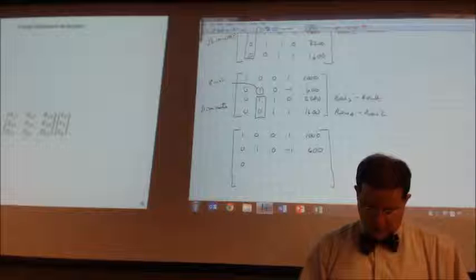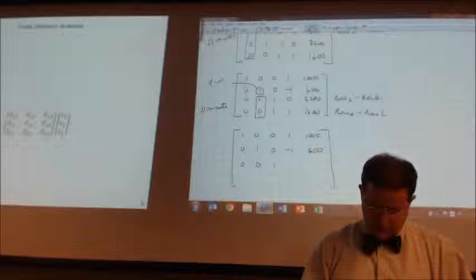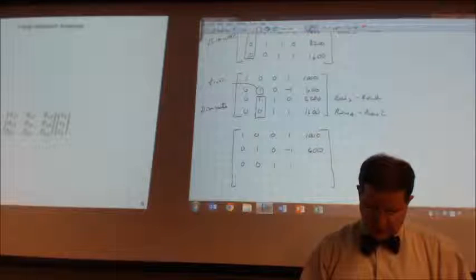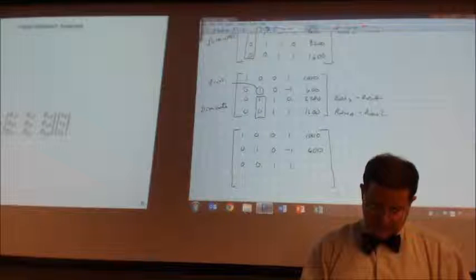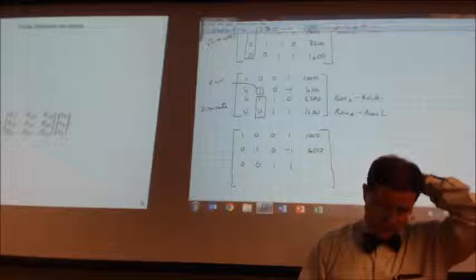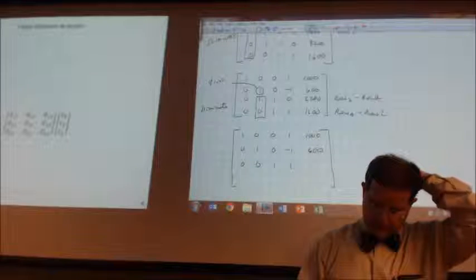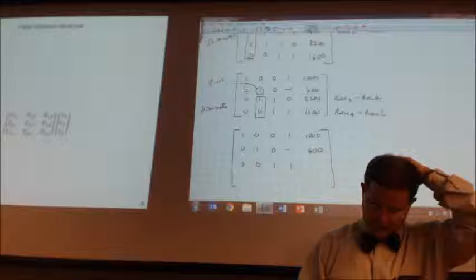So this was a 0. So 1 minus 1 goes to 0. 1 minus 0 is 1. 0 minus a minus 1 is a 1. And 2200 minus 600 is 60.